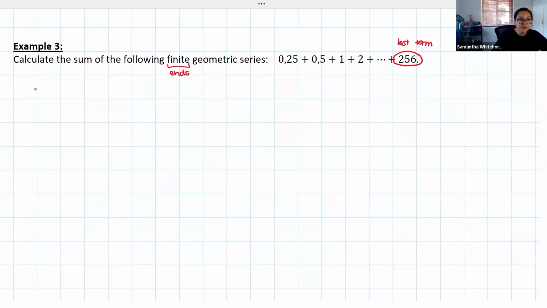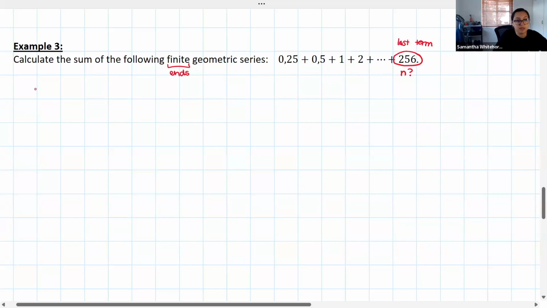So when we want to find the sum of the series, the problem is I don't know what that last term is. Is it the 27th term? Is it the 12th term? Is it the 721st term? Which term is it? I don't know. So I don't actually know how many terms are in between 2 and 256 in order to add them together.